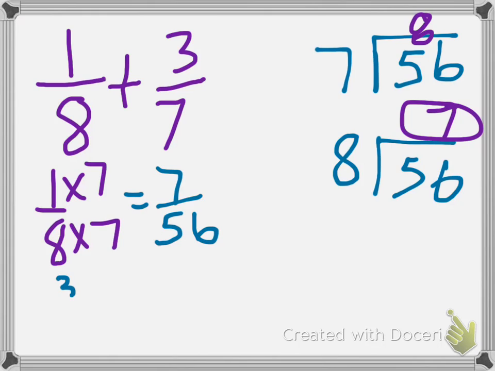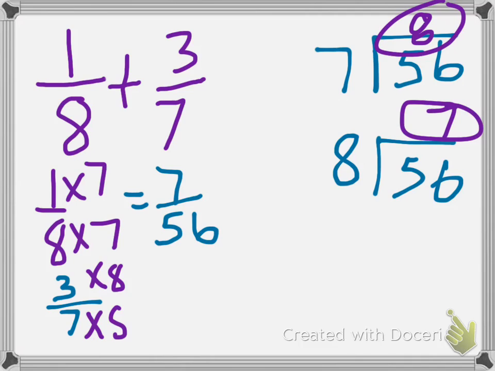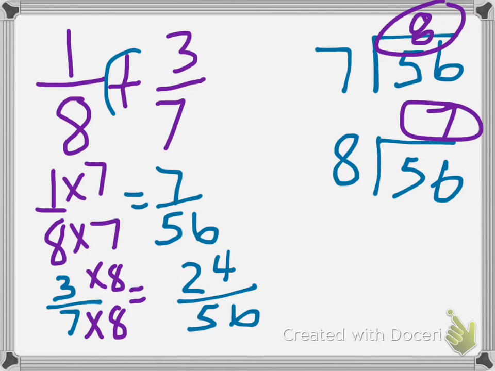And then 3 over 7 can be multiplied by 8 over 8, which would give me 24 over 56. Well, now I can go and add these two fractions together.